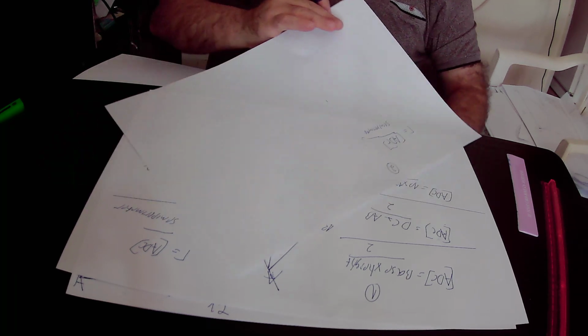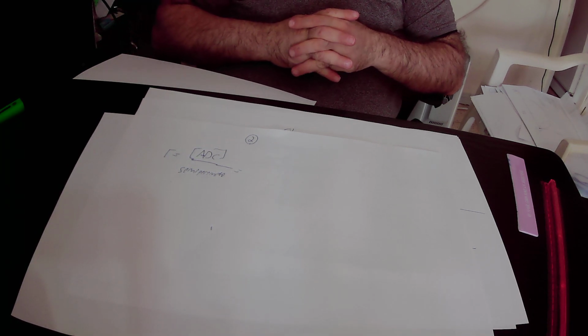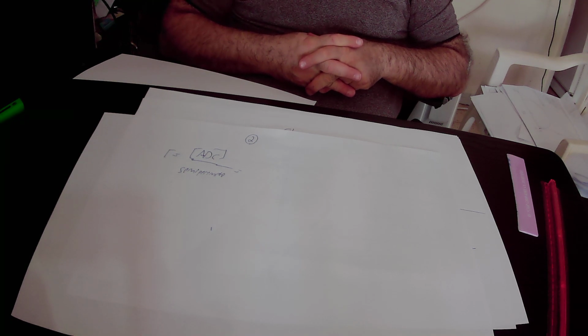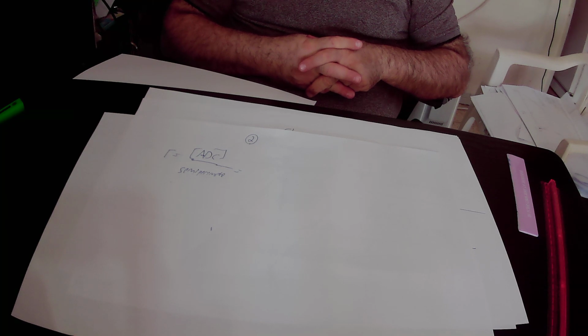I repeat again, the radius of a circle that is inscribed by a triangle is equal to the area of the triangle that blocks the circle over the semi-perimeter of the triangle that blocks the circle.